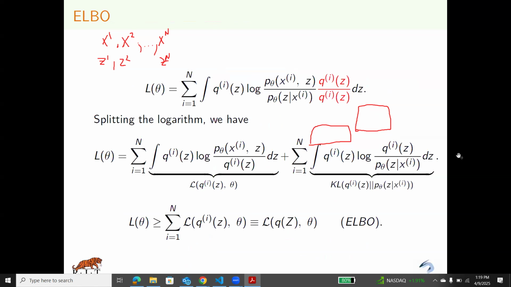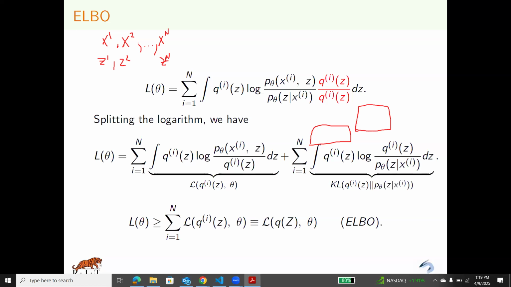So next step, we will split the log of the product into sum of logs. I will use these terms for the first term and this fraction for the second term.